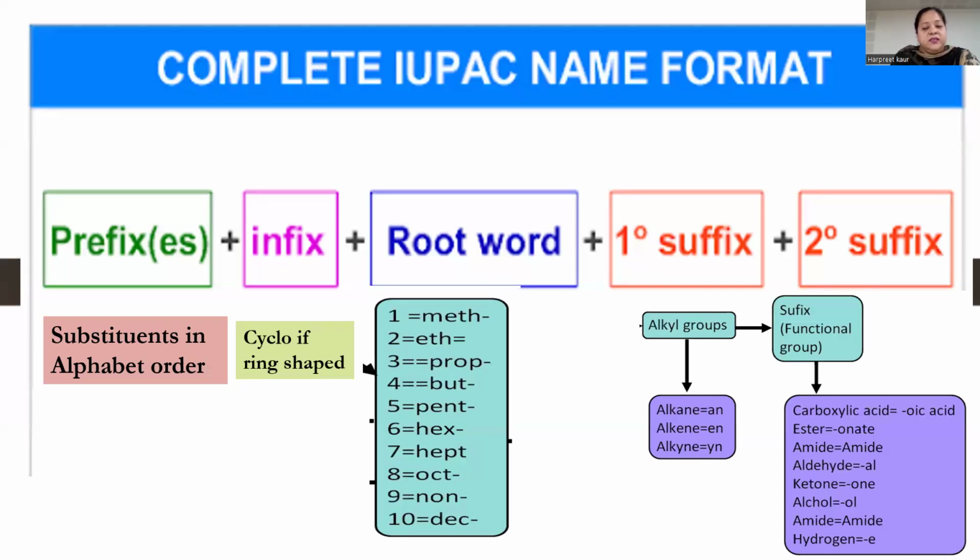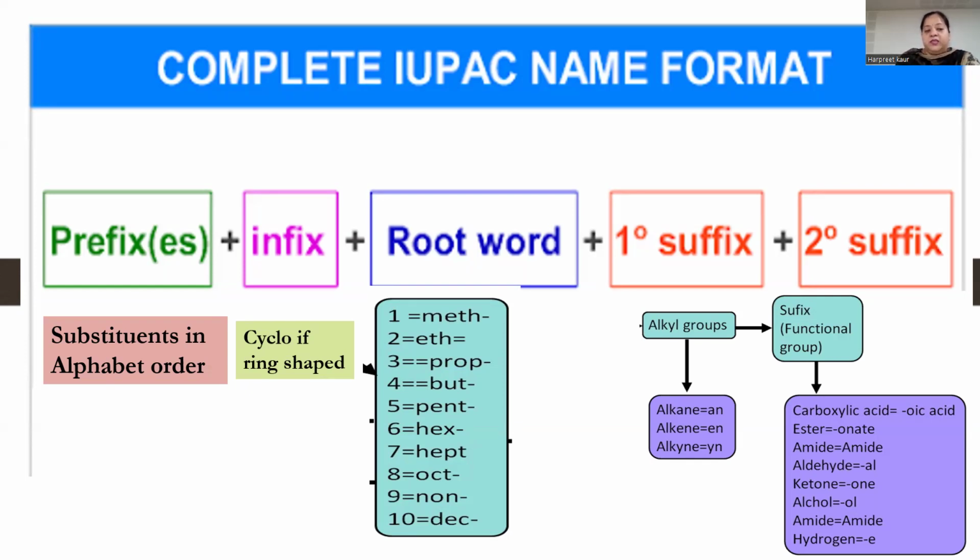Then we go for the secondary suffix. Secondary suffix represents the different functional groups. So starting with the root word, then the primary suffix "ane", "ene", "yne", the secondary suffix for the functional group, and then we switch over to the prefix. The first prefix, sometimes also named as infix, is cyclo if the compound is a ring-shaped compound, or nothing is mentioned if it is a straight shape.